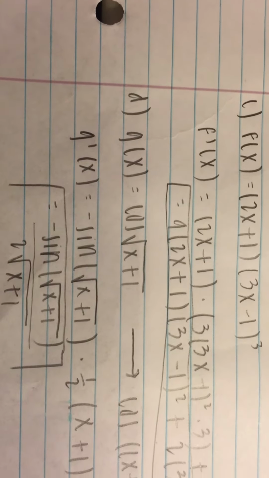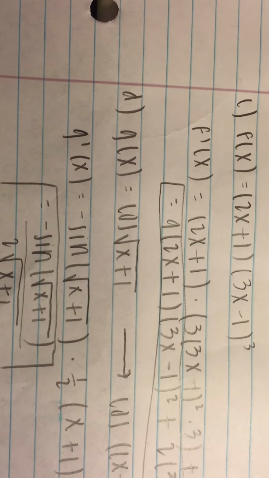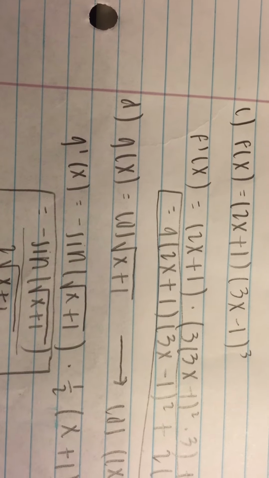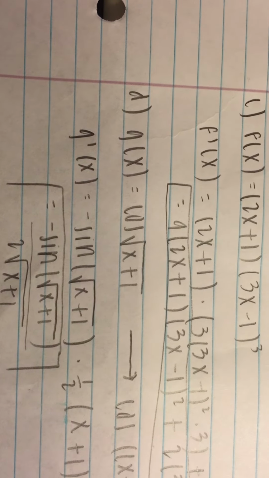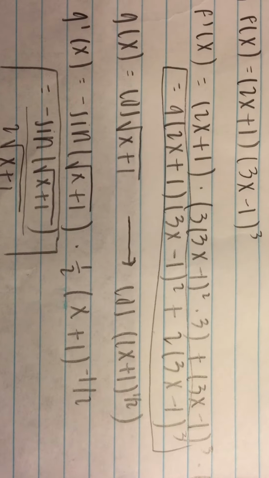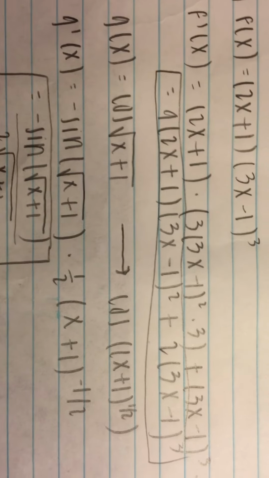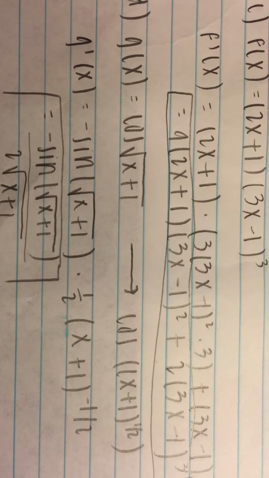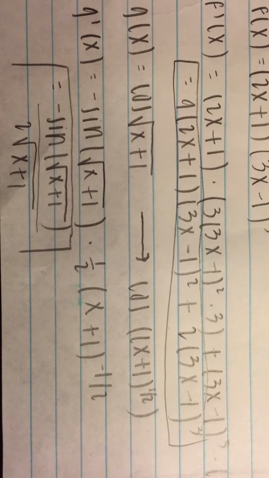And so first we're going to find the derivative of the outside function, and the derivative of cosine root x plus 1 is negative sine root x plus 1. And then now we have to find the derivative of the inside function, which is this part. And so the derivative of root x plus 1 is 1/2 x plus 1 to the negative 1/2 power.